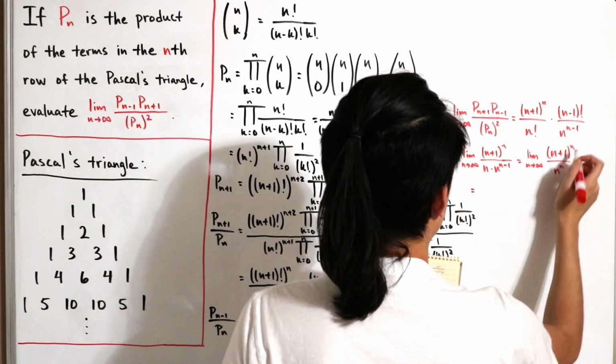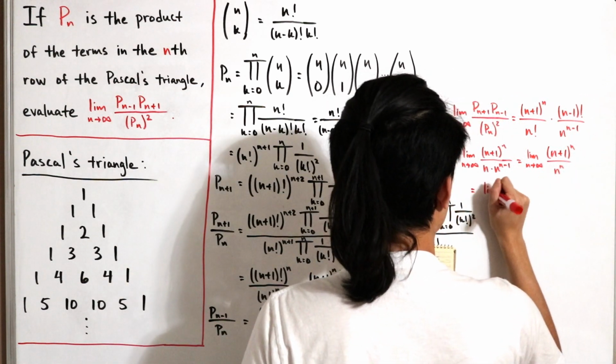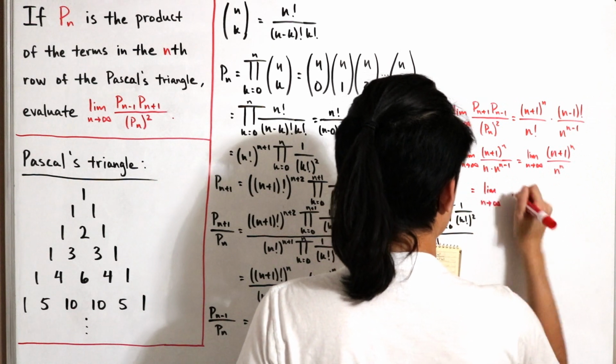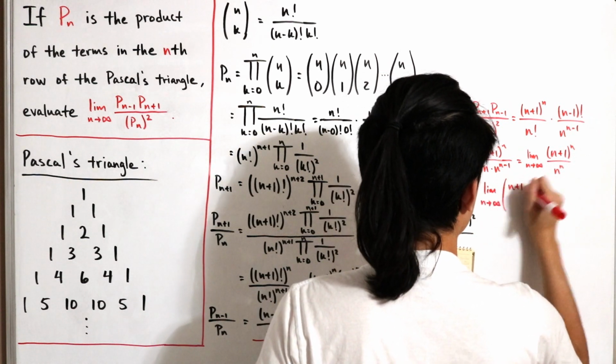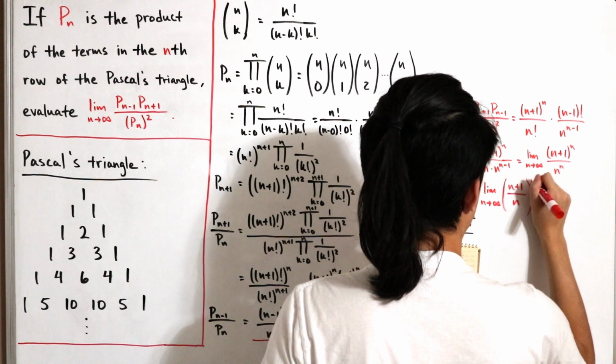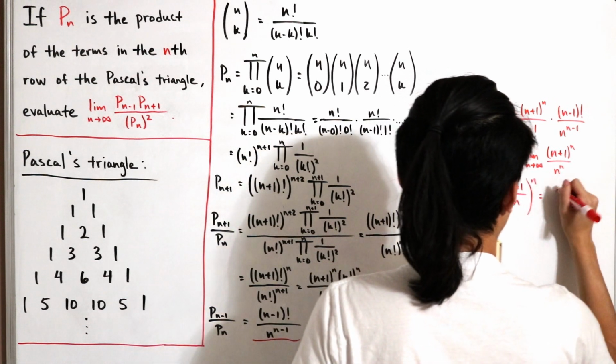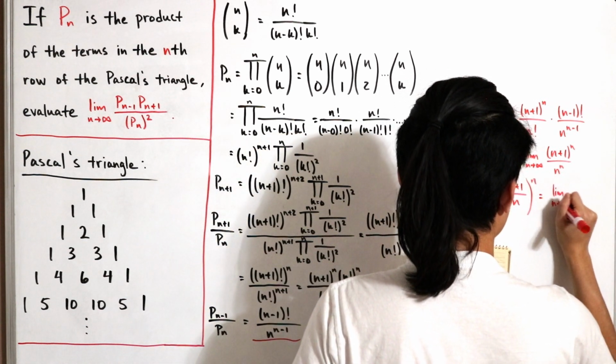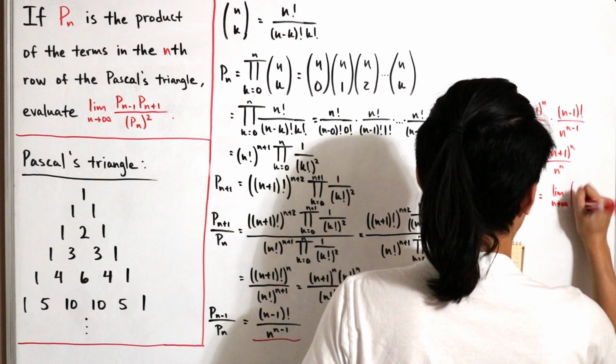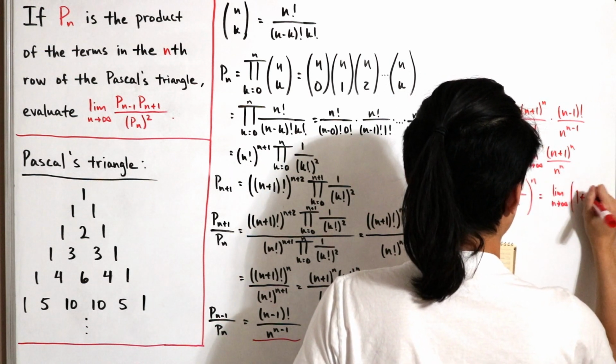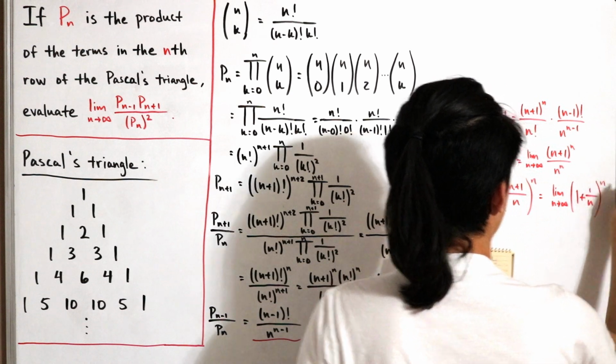Just keep going. They share the same exponent, so I can just group this together. In other words, I can just write this as n plus 1 divided by n, then to the power n. Simplify it further. We have that this is the limit as n approaches infinity of 1 plus 1 divided by n, then to the power n.